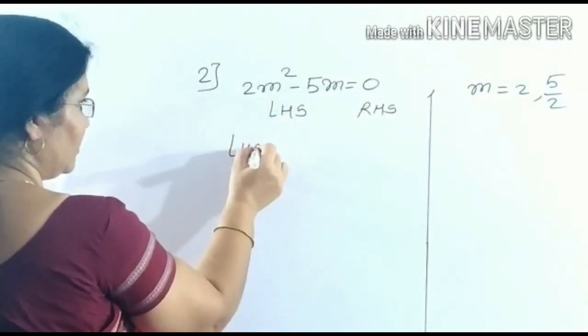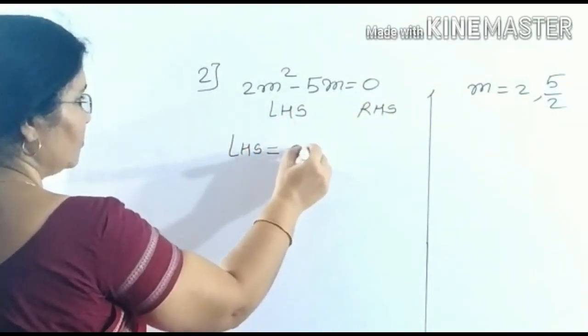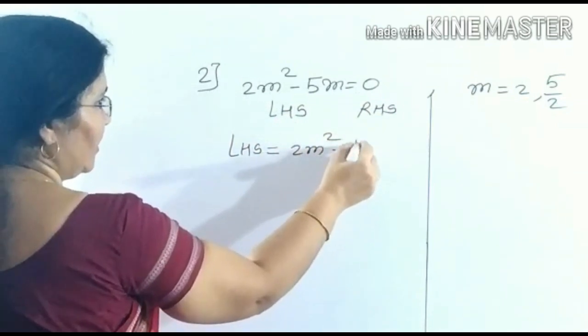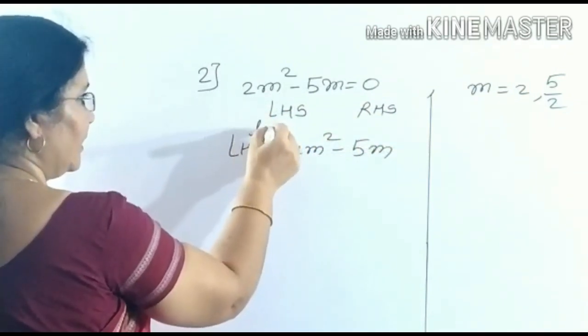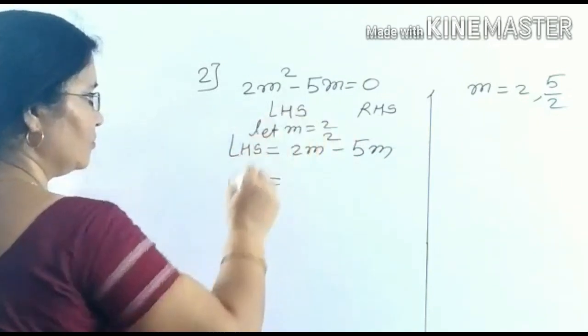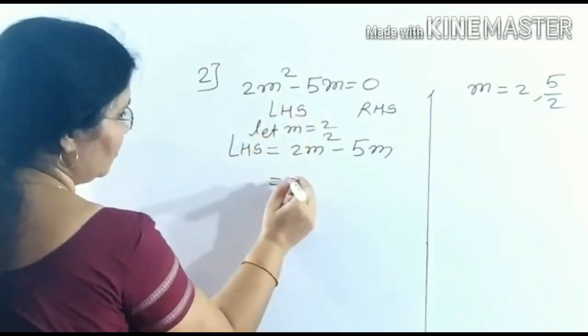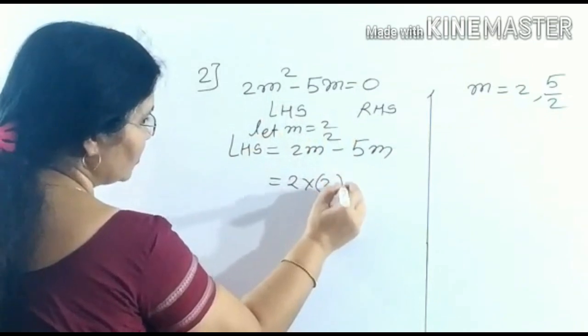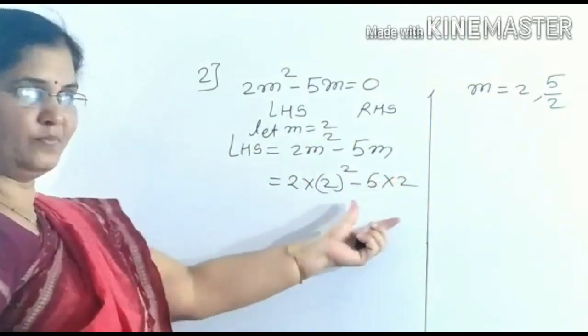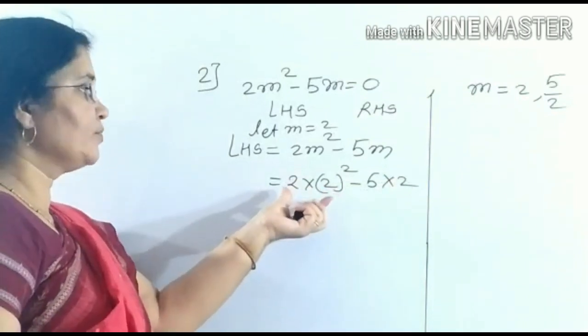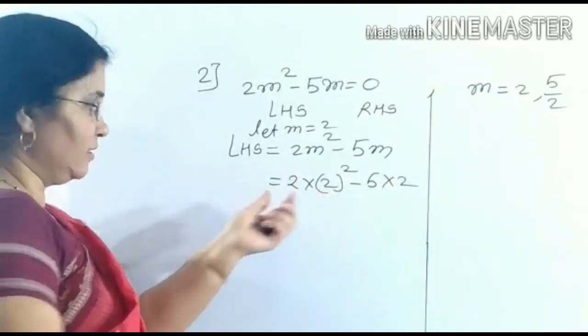So LHS is equal to 2m square minus 5m. First we will let m is equal to 2. Put here 2 into 2 square minus 5 into 2.